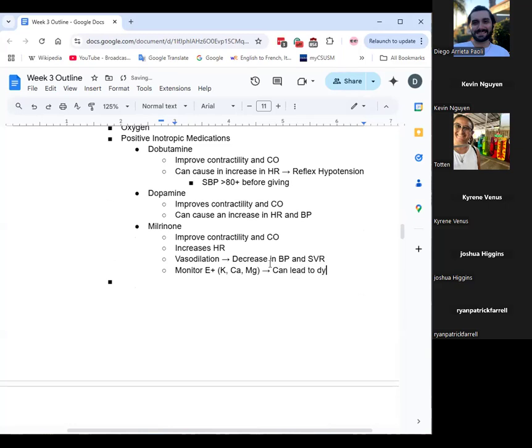I'm trying to find the correlation between them. What's the exact mechanism? So let's see.